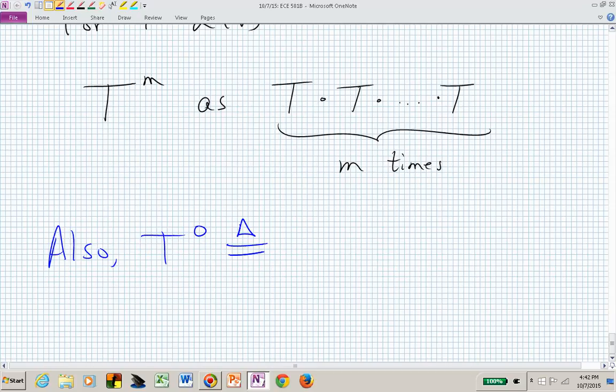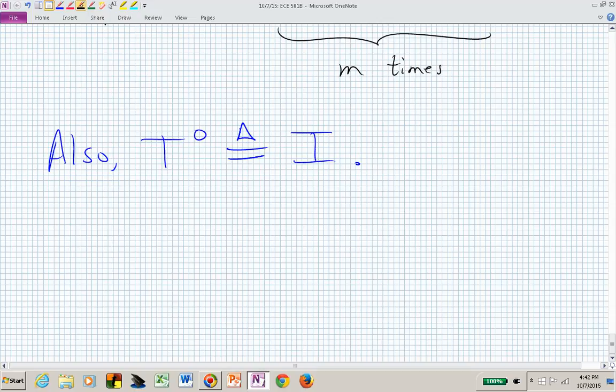What if I give you 7 to the 0? 1. Now I'm giving you a matrix, raising it to the 0th power. What would you expect that to be? It's the identity matrix. So we're defining T to the 0th power to be the identity. If that linear map is on the vector space of size n, now we have an n by n identity matrix, or an identity map.